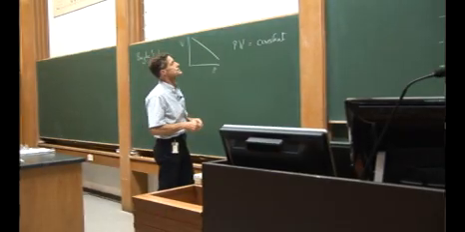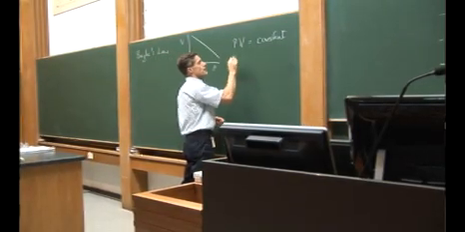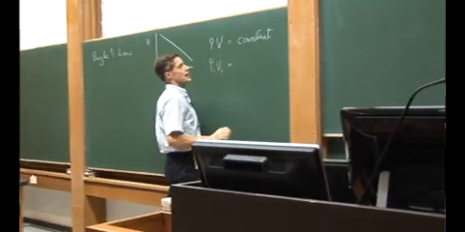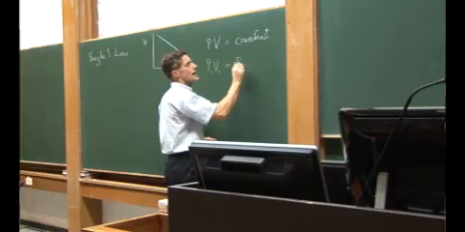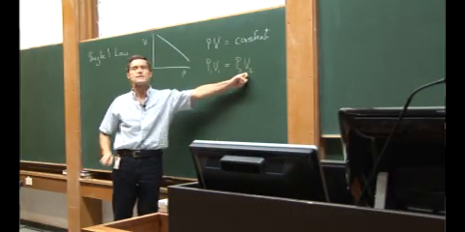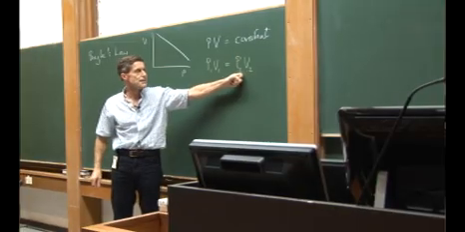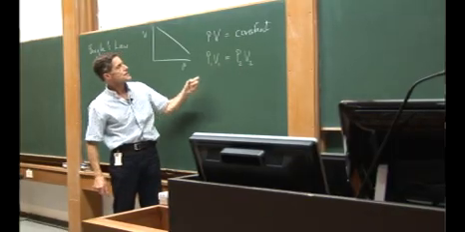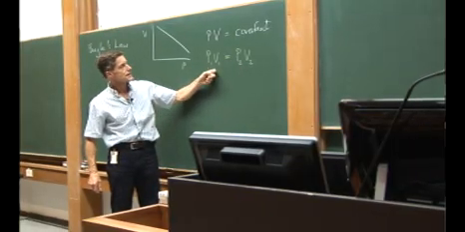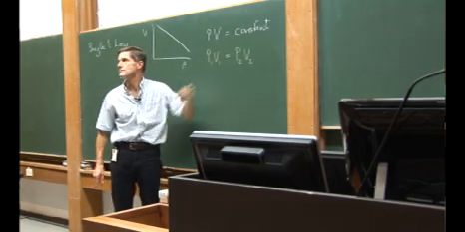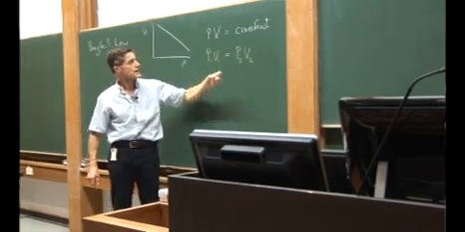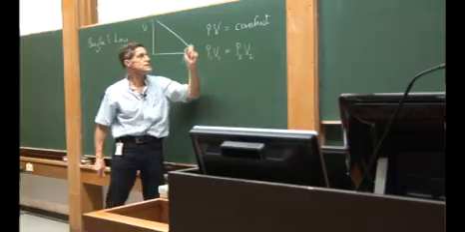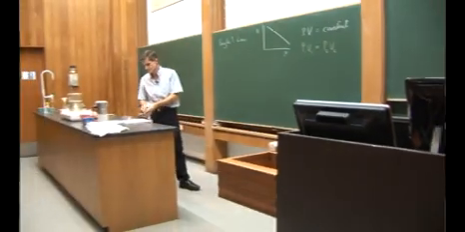Because pressure times volume is always a constant, then if I say have 1 litre of gas at 1 atmospheric pressure, and I want to know how much space that gas takes up under perhaps 5 atmospheres of pressure, then I can use this relationship where the starting pressure times volume equals the final pressure times volume. If I have 1 litre at 1 atmosphere, then I'll have 0.2 of a litre at 5 atmospheres, because pressure times volume is always constant.